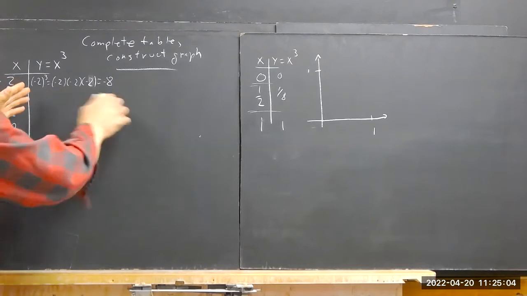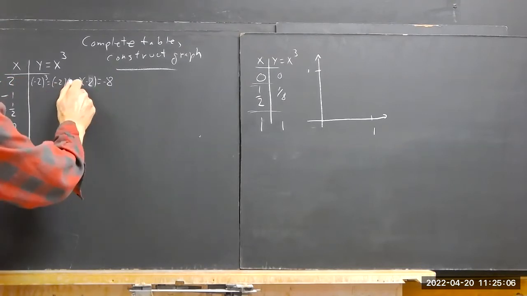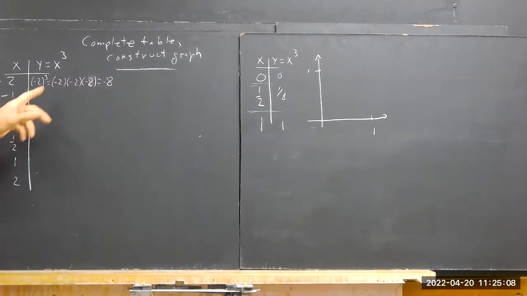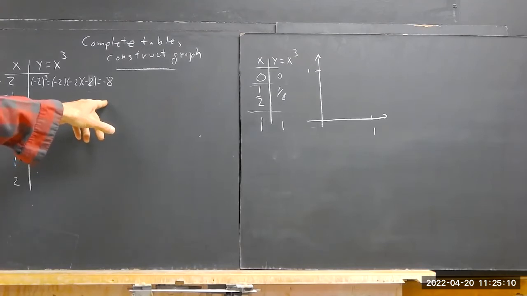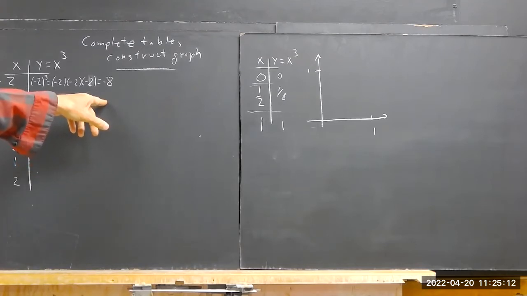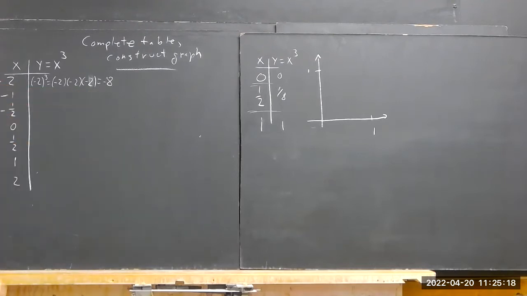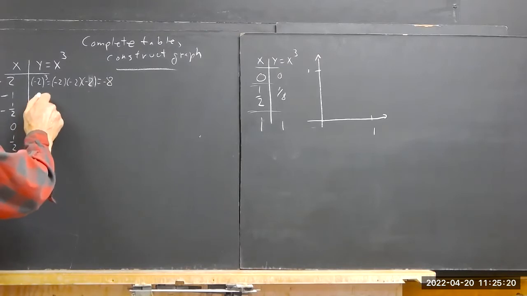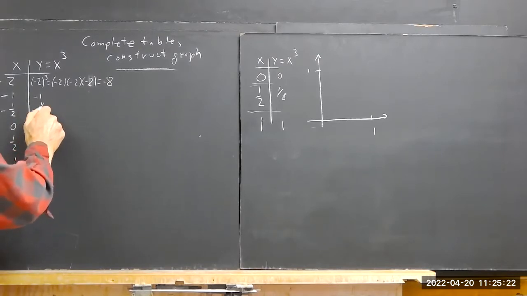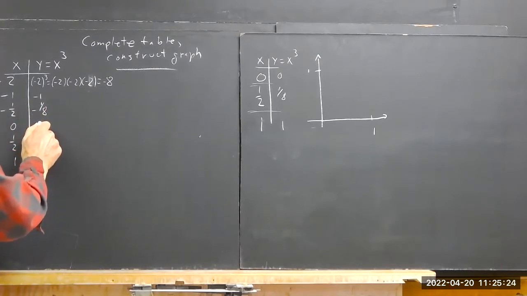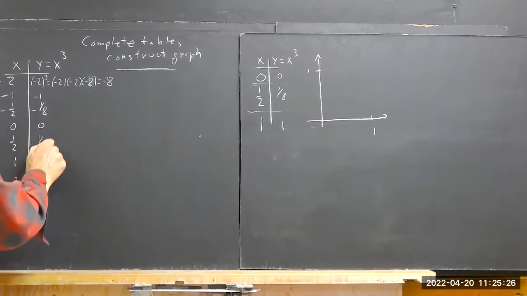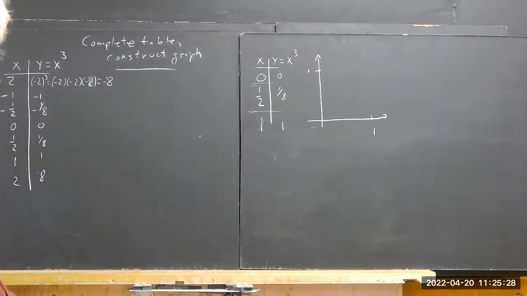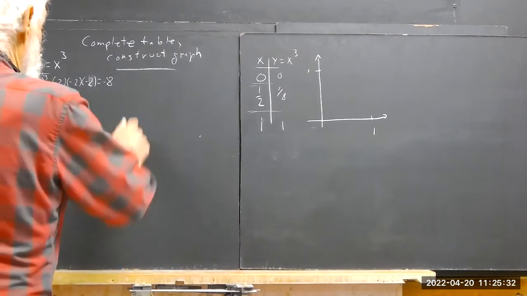But I want to see this because I'm worried that you just remember what the numbers are and have lost track of why they are. So -1 cubed is -1, -1/2 cubed is -1/8, 0 cubed is 0, and then you get 1/8 and 1 and 8. And everybody got that. Very good.